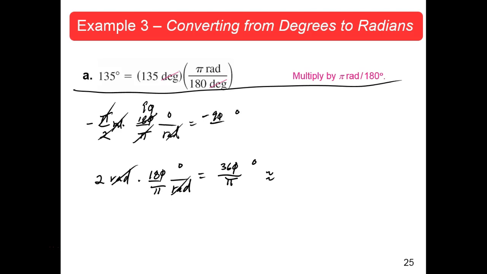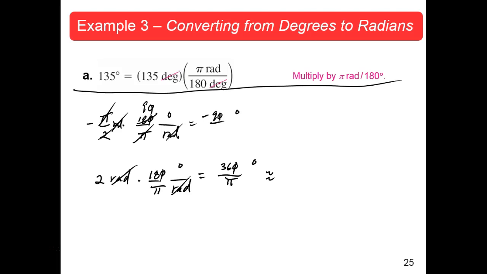Okay? You're not converting this. You're doing 360 divided by the number pi. Yes, but this isn't radians anymore. We canceled out radians. This pi is just the number pi. 3.1415, okay? Most of your calculators have that key on it. So do 360 divided by pi.